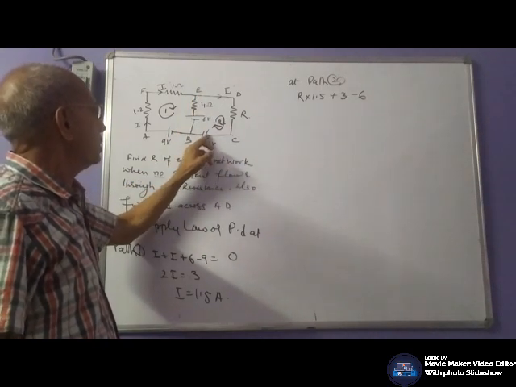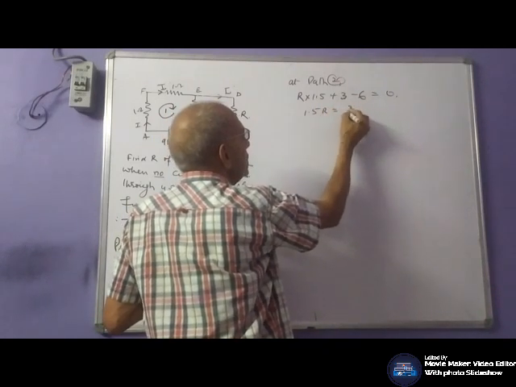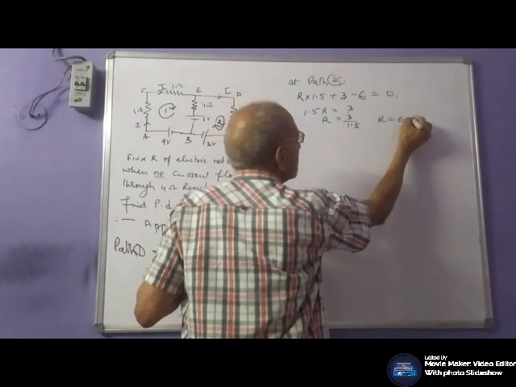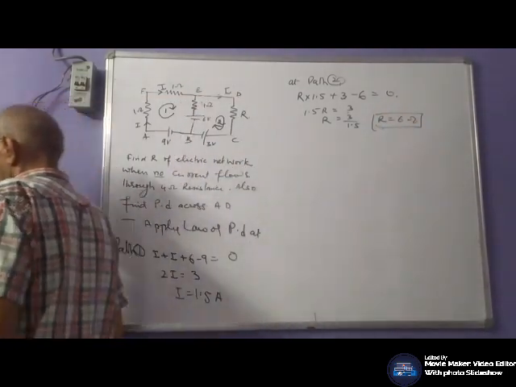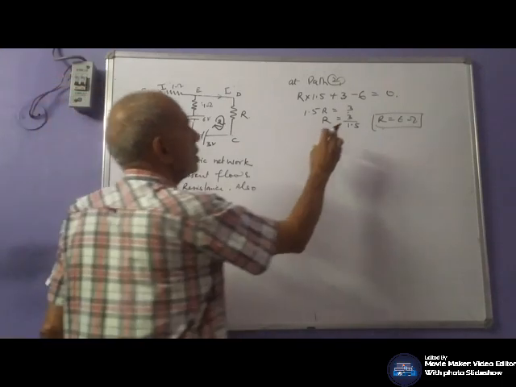So two batteries, path plus 3 minus 3 is what? 0. 1.5 R, 3 R. R is what? 6 ohm. It is 2 ohm.